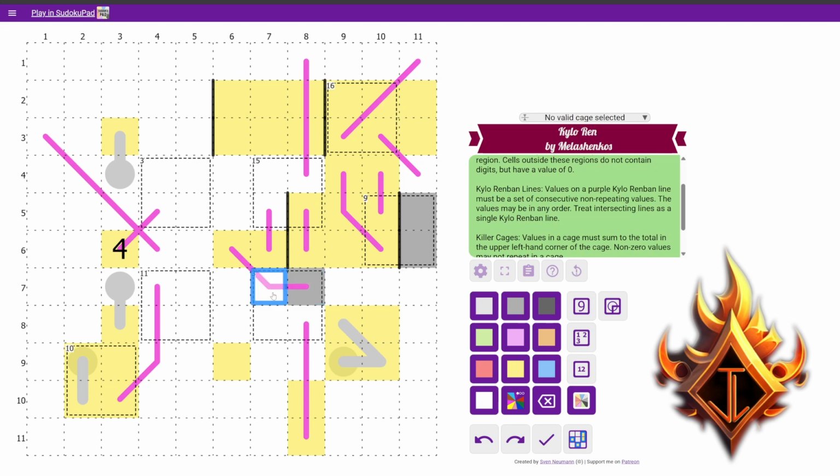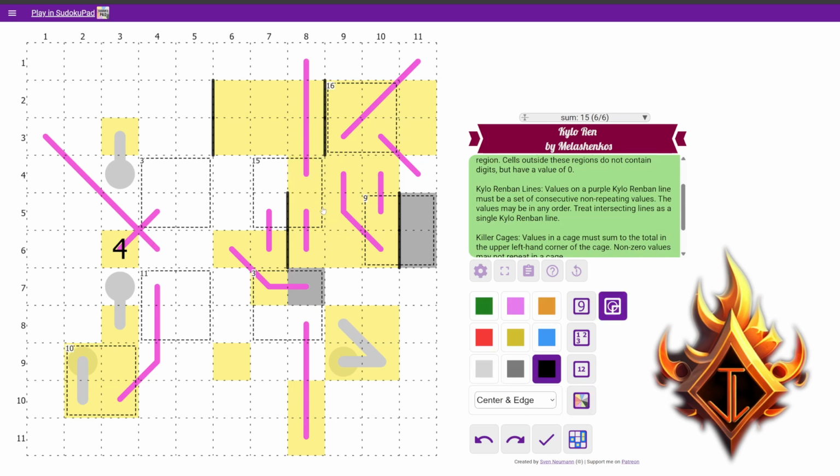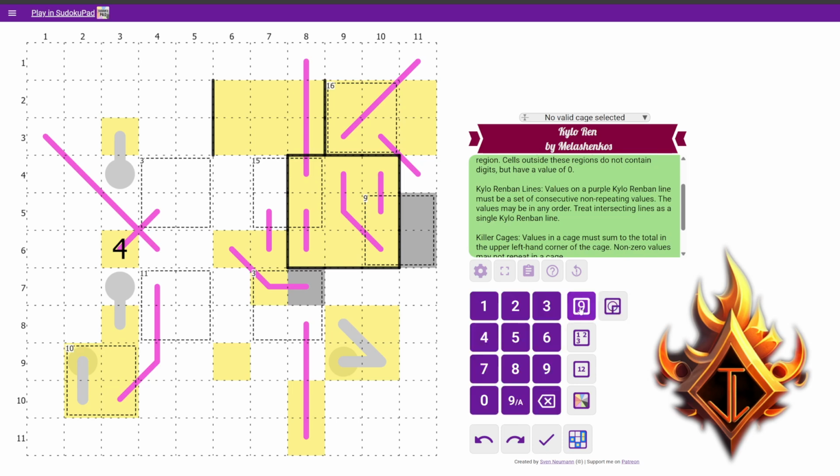And I've said earlier, both of these cannot be 0. Okay, so that finishes this box off. Which in turn will... That's still wrong though, isn't it?